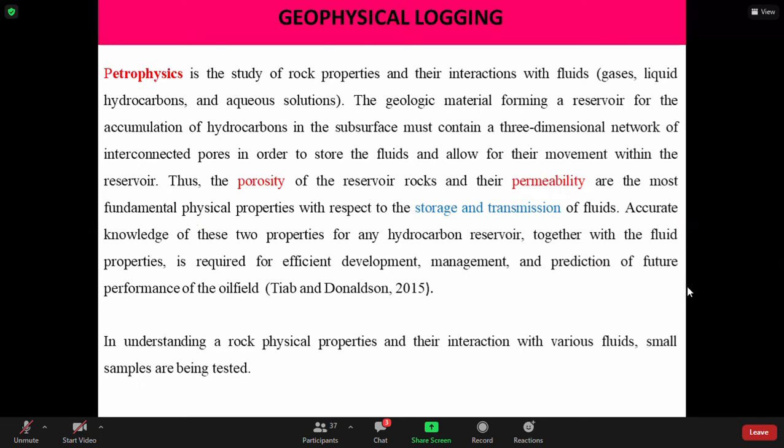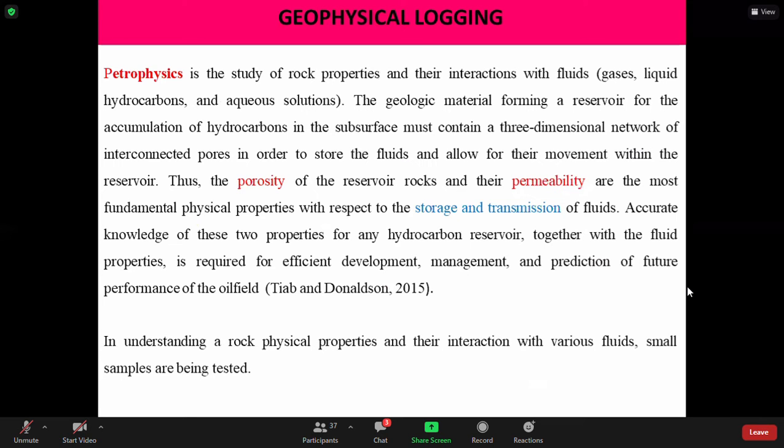It is the study of rock properties like permeability, porosity, the effective permeability, and absolute permeability, and how the gases interact within the void spaces in the rock. Okay, so it's a study of the physical parameters of the rock and the fluids.